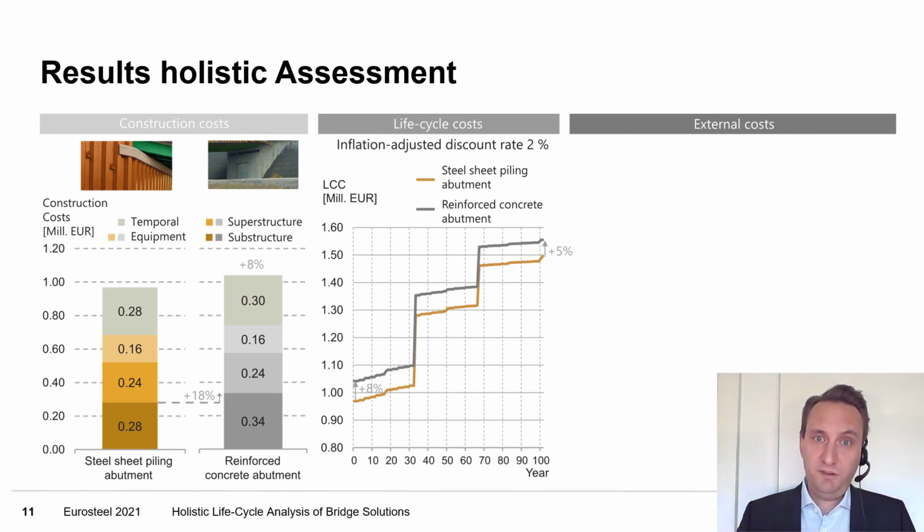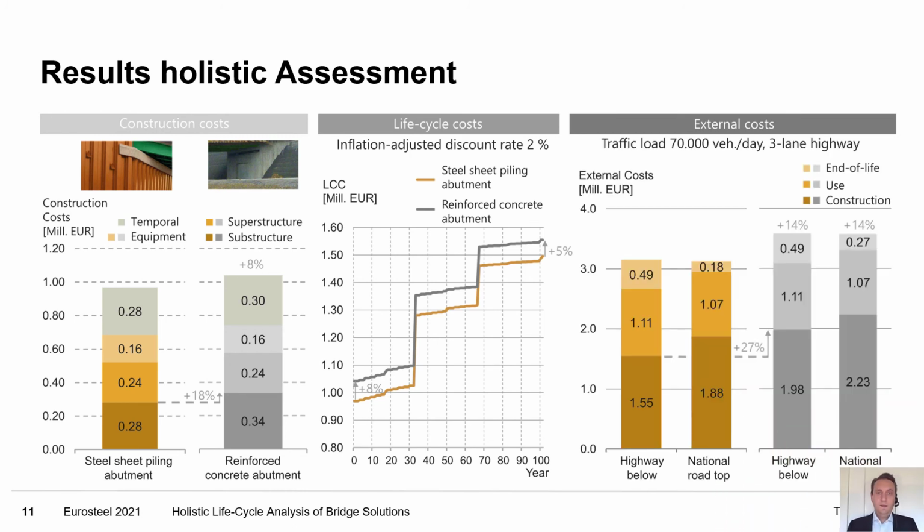The reason is that my steel sheet piling abutment has a corrosion protection system, and this corrosion protection system has to be renewed 2 times within the use stage. Therefore, within the use stage, the sheet piling abutment is a little bit more expensive compared to the reinforced concrete abutment.